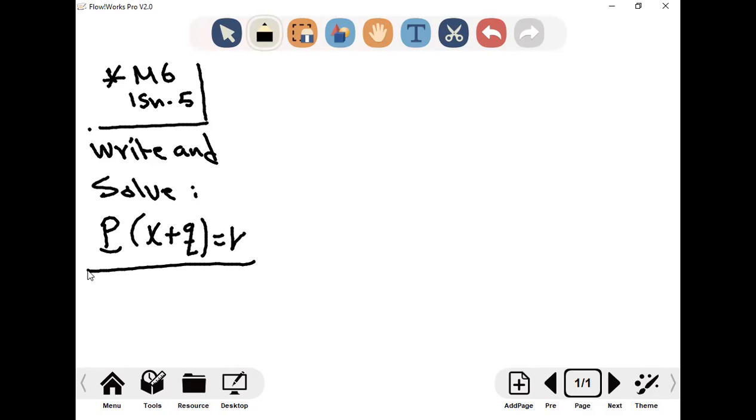And I brought you a question about it, remember? About the aquarium when it drains water. Now we have the same idea here. So we will write the equation, then we solve it. We know how to solve it, but today we will take some examples to know how we will write this type of equations.